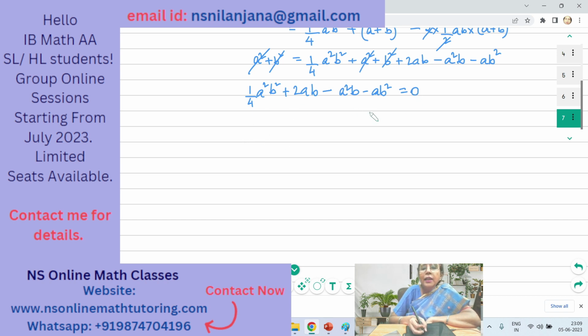And we are seeing each of these four terms contain a or a square. So let us divide the entire equation by a. It is 1/4 ab square plus 2b minus ab minus b square is equal to 0.